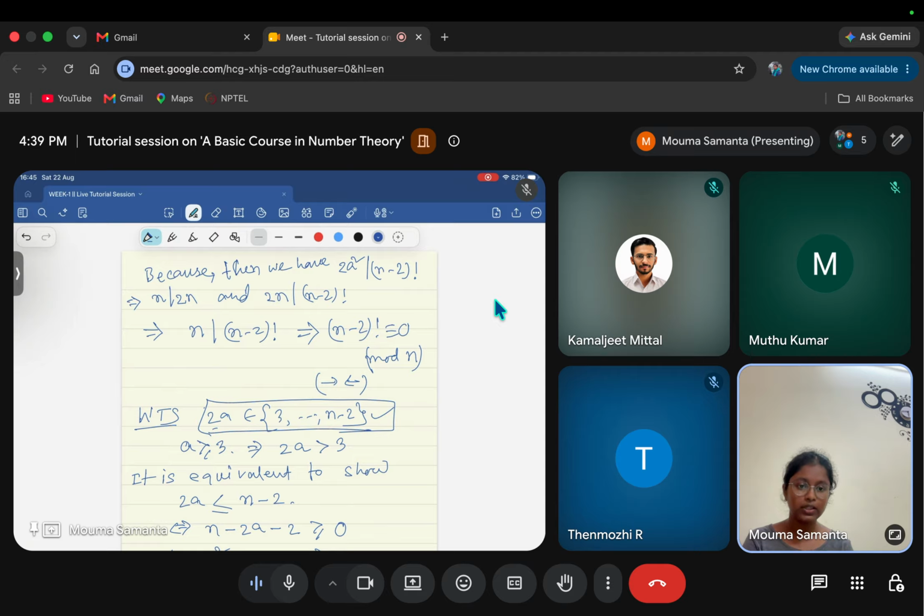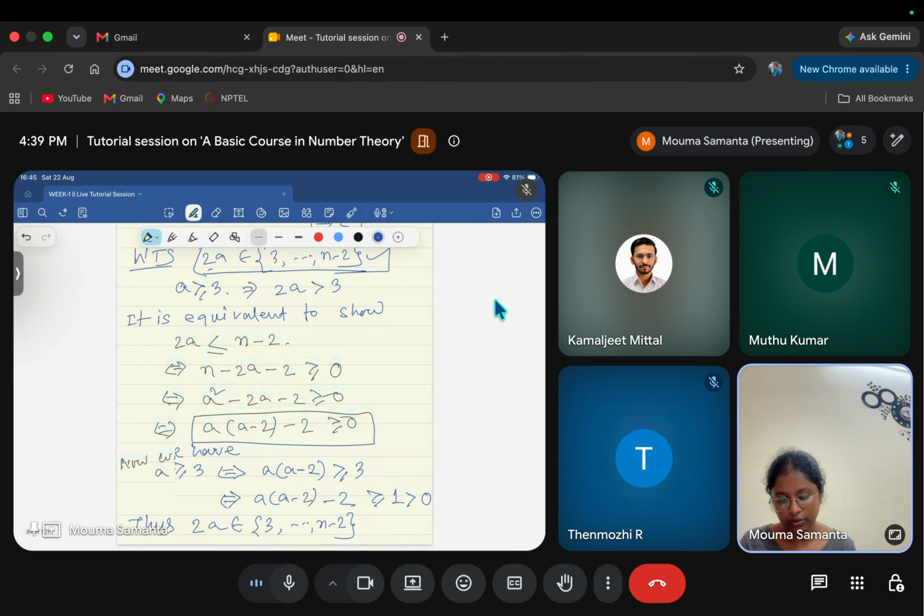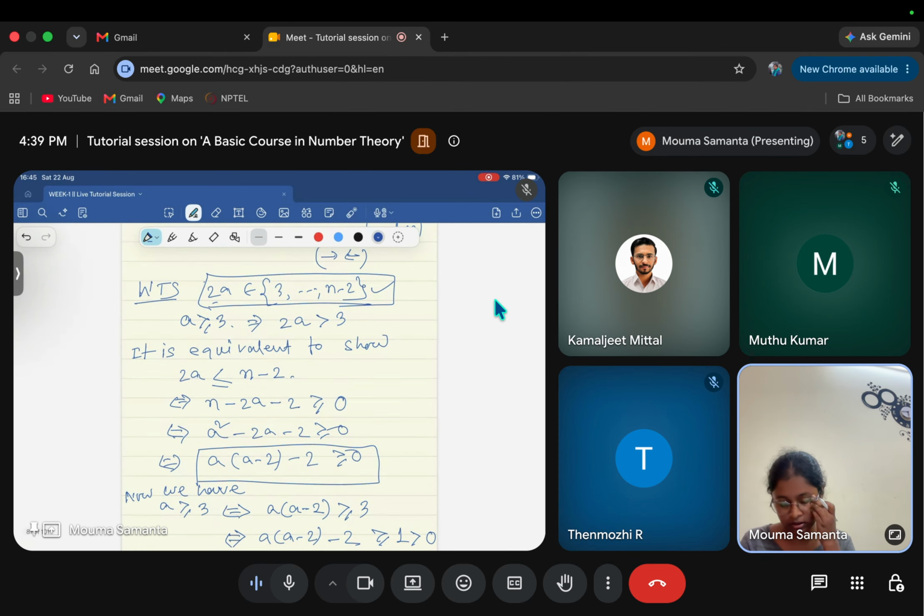So to show that a square will also divide (n minus 2) factorial, we need to find another integer, here exactly 2a, such that 2a also lies in the set 2 up to n minus 2.